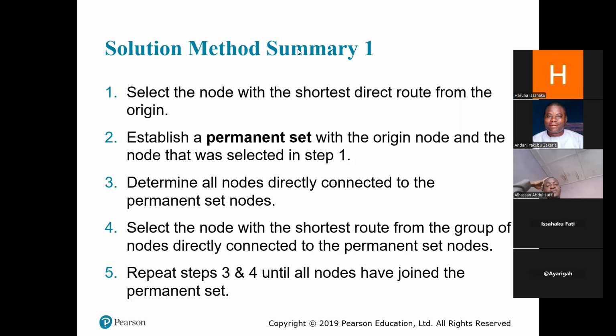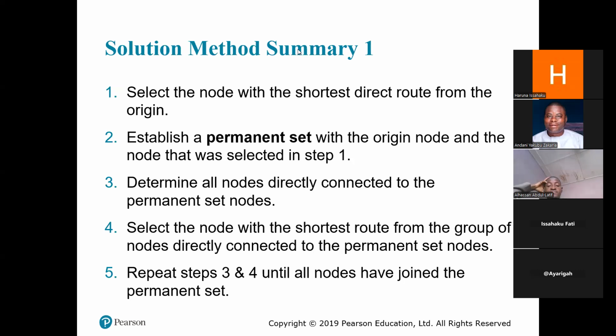Then you repeat steps 3 and 4 until all the nodes are connected to the permanent set. Then you know that the problem has been resolved. Okay. So this is how systematically you can analyze and solve the shortest route problem.